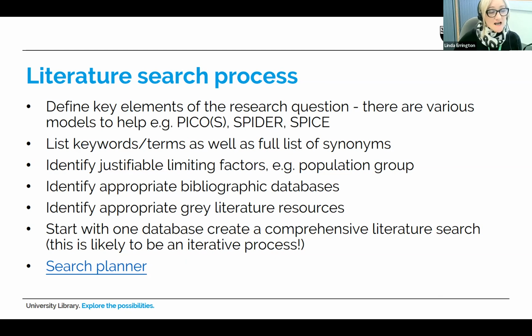You can look at identifying justifiable limiting factors for your systematic review or your scoping review. Justification is important. It wouldn't be acceptable, for example, to limit to the last 5 years in either review type, just because it's convenient.